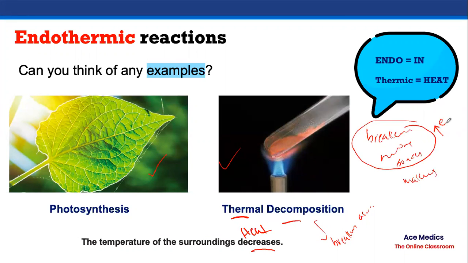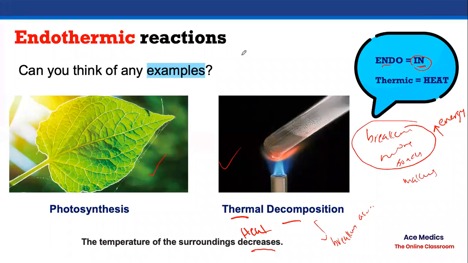It requires you to put in energy. Okay, so if you think of putting in that energy, so endo has both of them N, so you're putting in energy. So the temperature of that surrounding will decrease because you had to take that energy in. So you had to take that heat in.